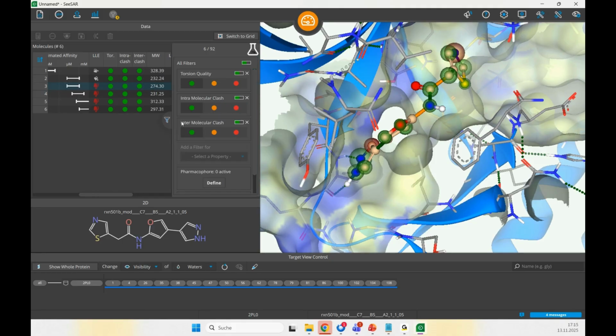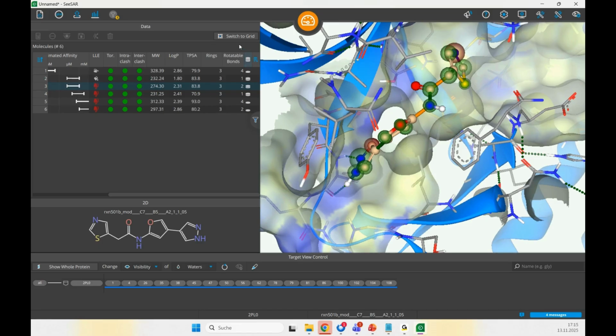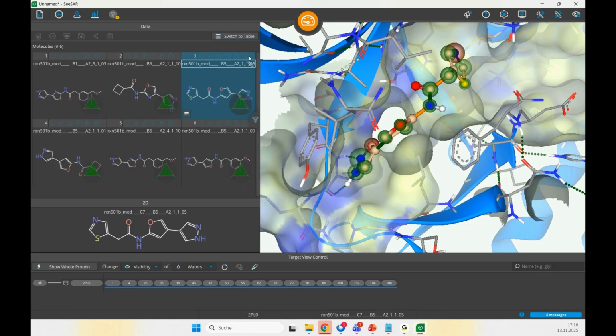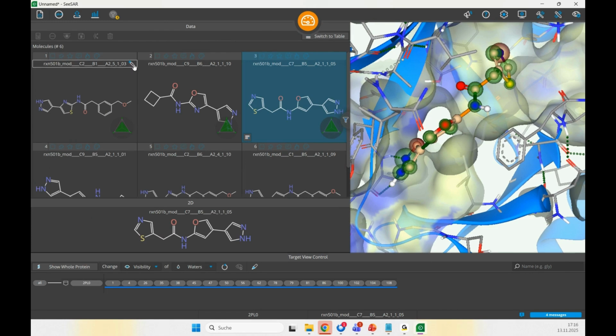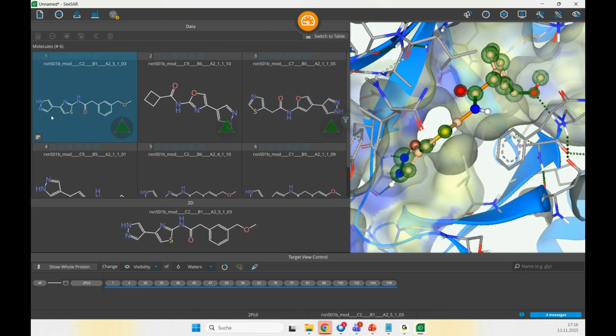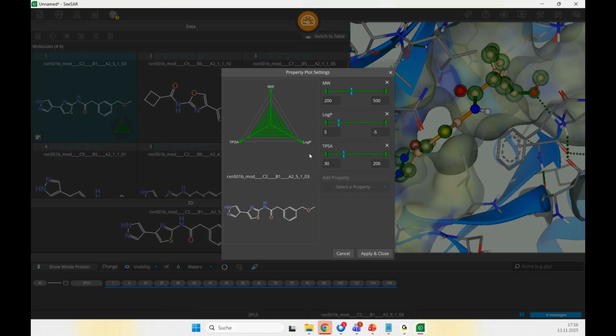Some button is always overlooked, namely the grid view. So you can switch from table to grid, and in the grid you get those fishnet diagrams where you can adjust them. So you hover over the fishnet diagram and going to the gear, you can set up new properties you would like to have, like, I don't know, number of stereo centers.